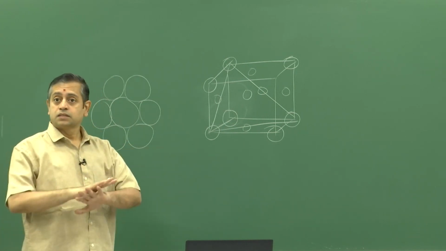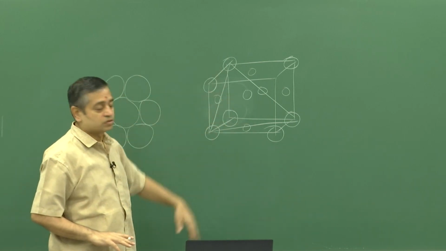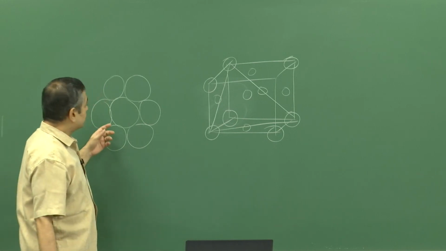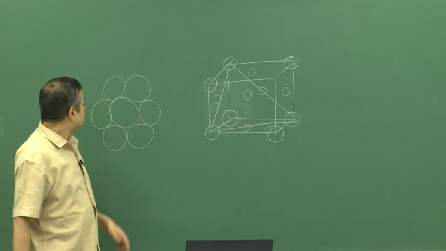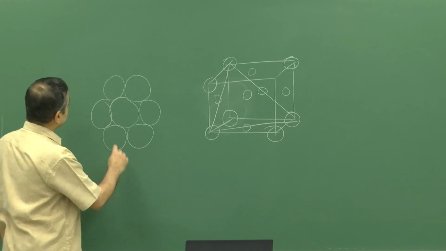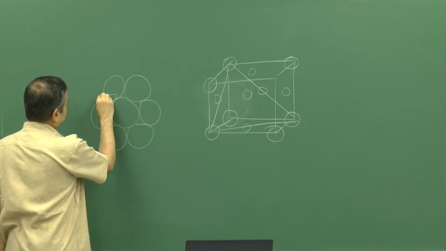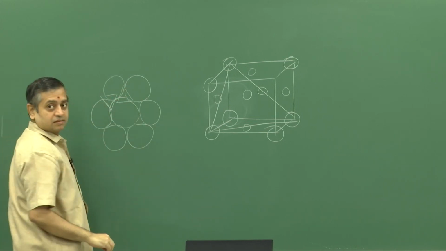Right. It has this kind of structure, that is what you will see if you make this 111 plane. I mean, this is, for example, this. Now you can see that there are triangles which are like this, there are triangles which are like this.